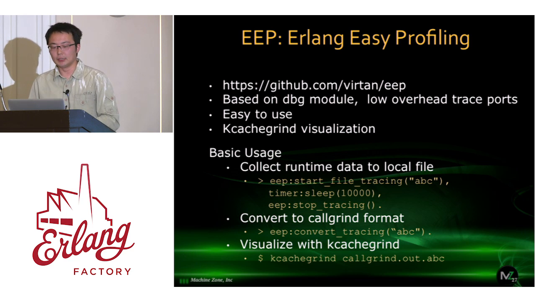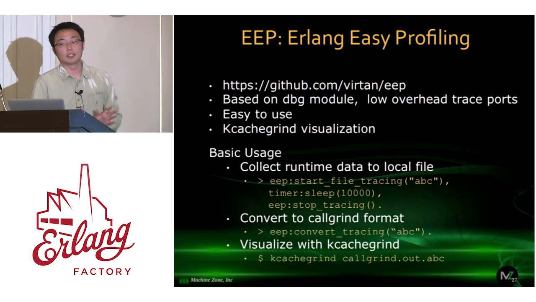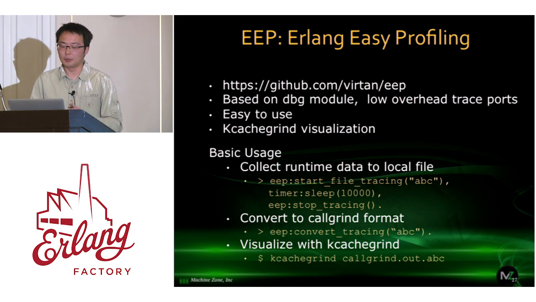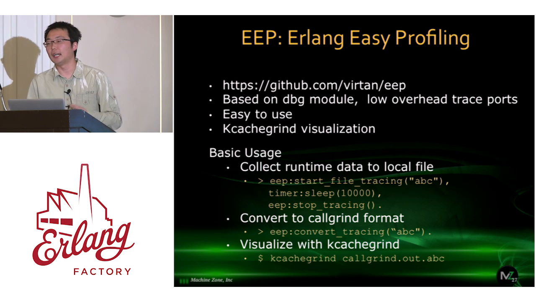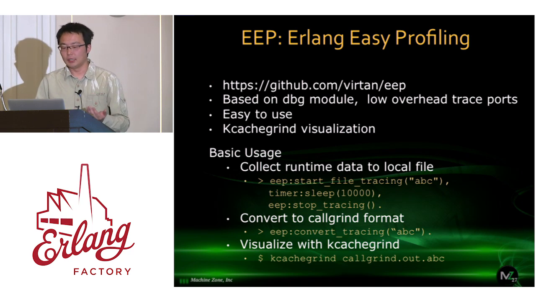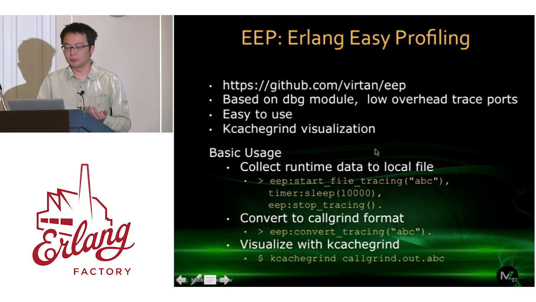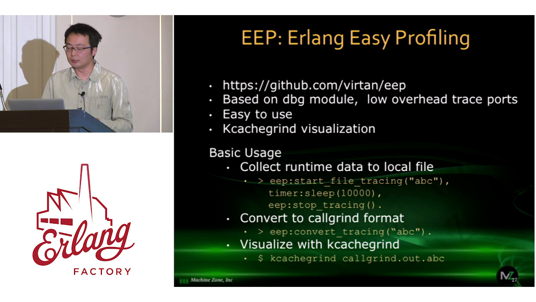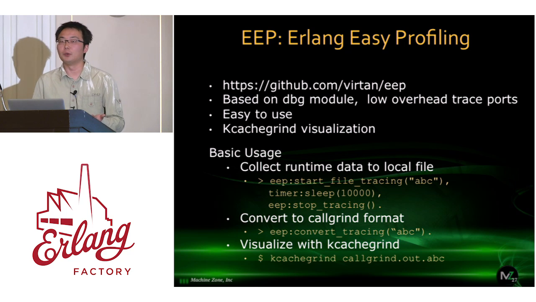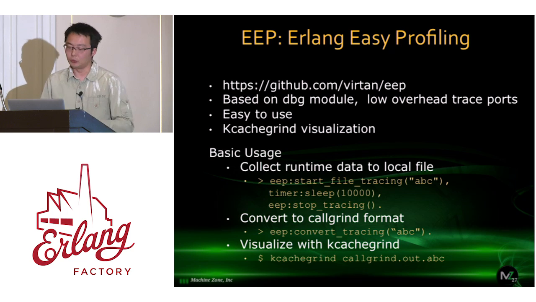The usage is very easy. It contains 3 steps. First, you collect the runtime data. For example, you have an Erlang process running, and you attach and get your remote console on, and you do start file tracing, for example ABC. You sample it for 10 seconds, and then you stop.